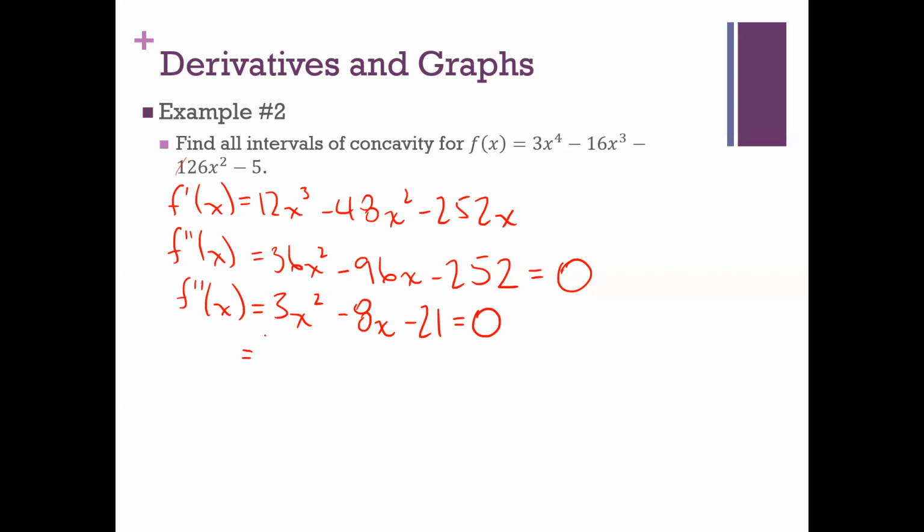Okay, so we'll just use the quadratic formula. So x equals 8 plus or minus the square root of 64 minus 4 times 3 times 21, or plus 4 times 3 times 21, which is 252, all over 6.